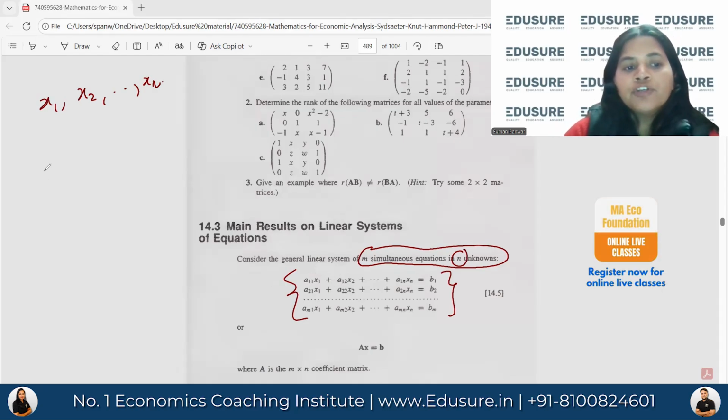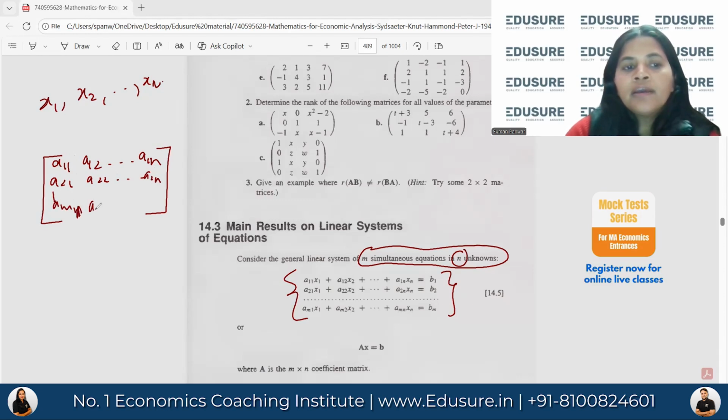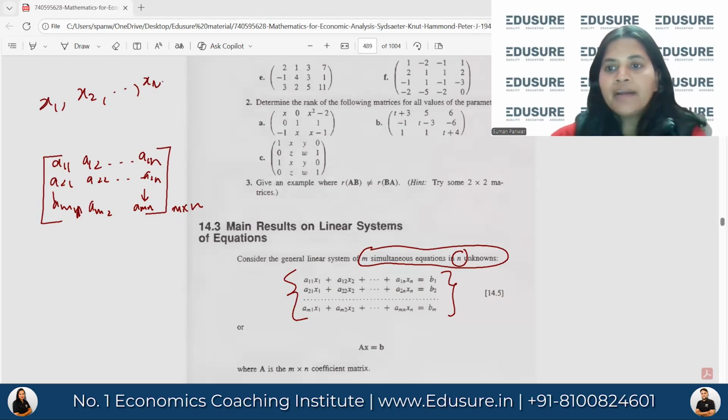If you wish to write it as Ax equals B, where A is the coefficient matrix, it will be a11, a12 till a1n, a21, a22, a2n, and the last row will be am1, am2 till amn. This is an m by n matrix.